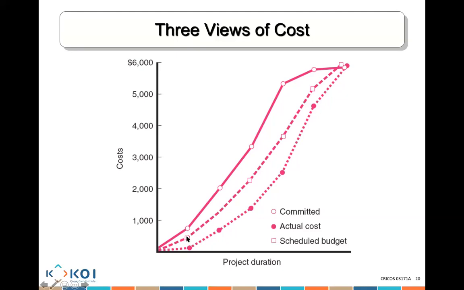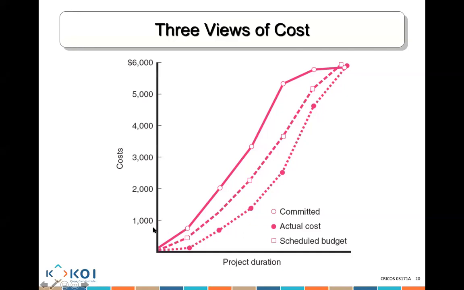Now, we might have scheduled that we need to spend $500 in week 1, but because we want to make sure we don't run over budget, the project manager or the CEO might have committed $800 for us.